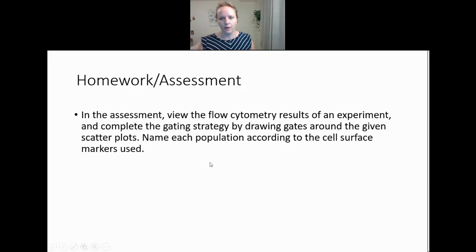I'll be giving some flow cytometry results, some scatter plots with different cell surface markers, and I want you to physically or electronically draw gates around each population and name and describe these populations according to what cell surface markers were used.